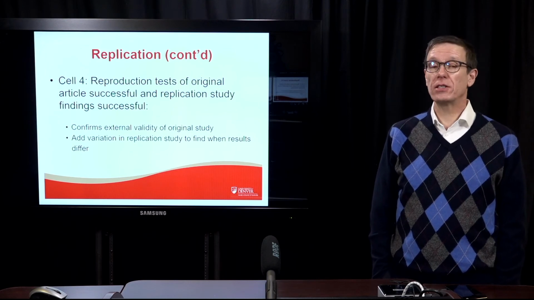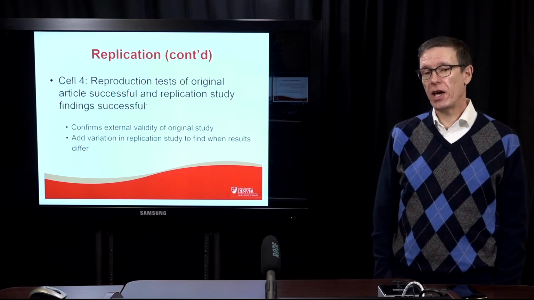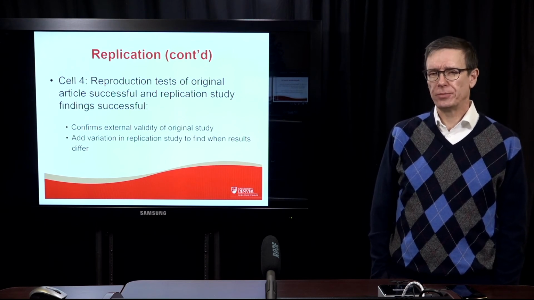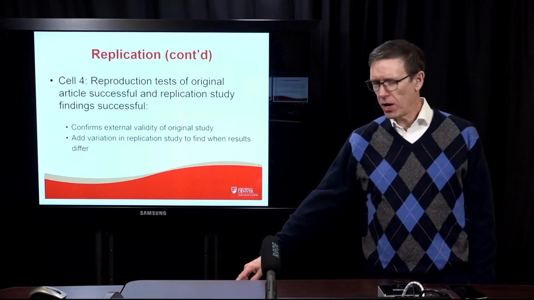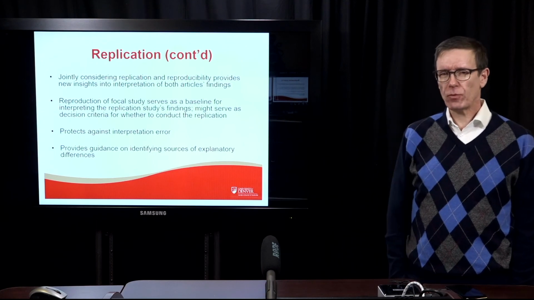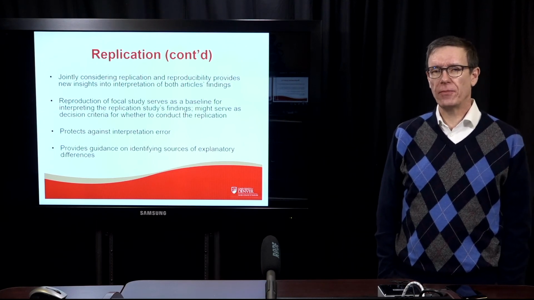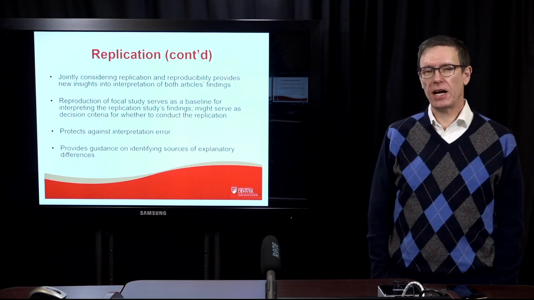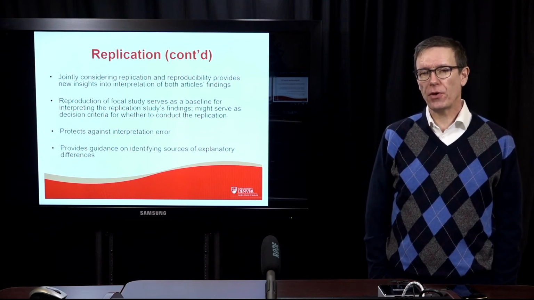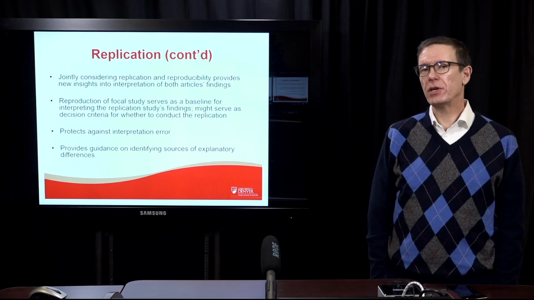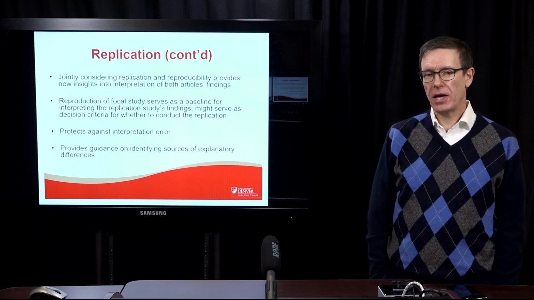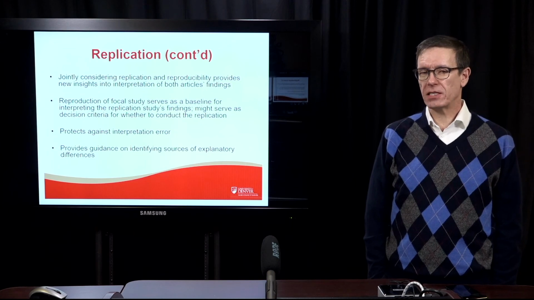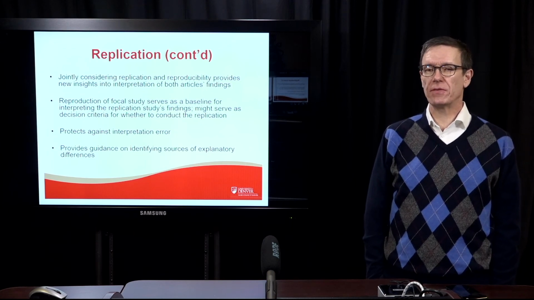And then what we may seek to do is add additional variation to find out if and when the results actually differ. So the point from all of this is that by jointly considering replication and reproducibility, it gives us new insights into how to interpret both articles' findings that we don't get when we just consider them independently. Reproduction of a focal study really gives us a baseline for interpreting the replication study's findings.